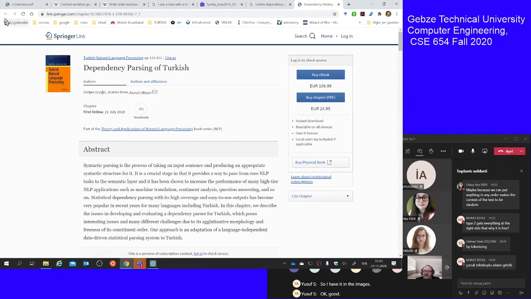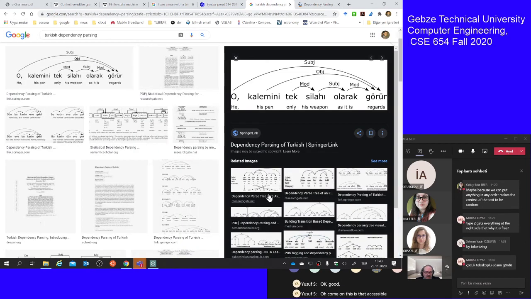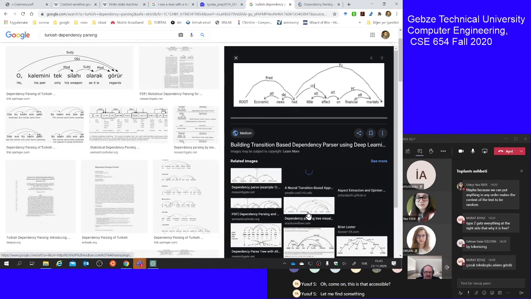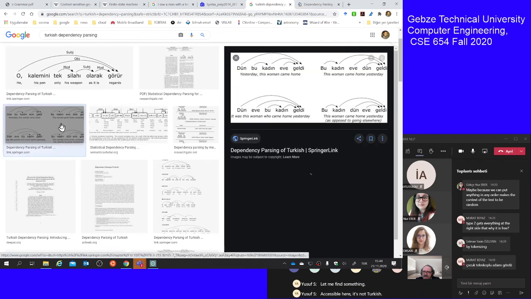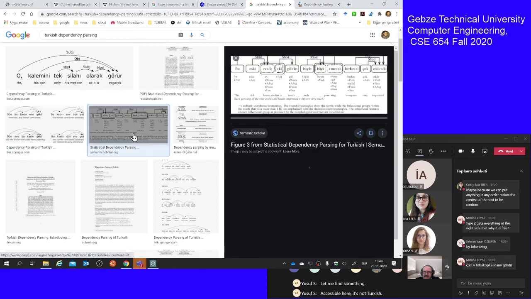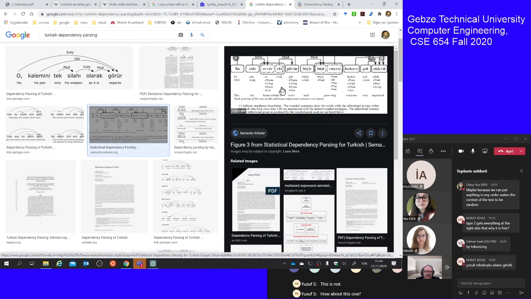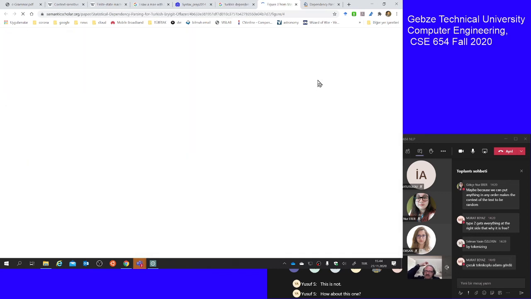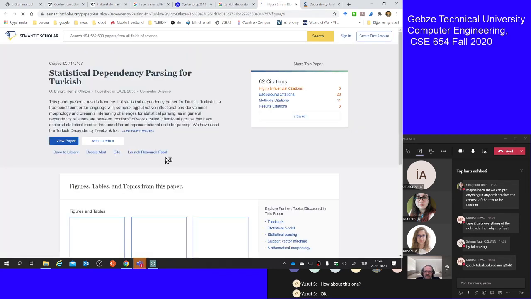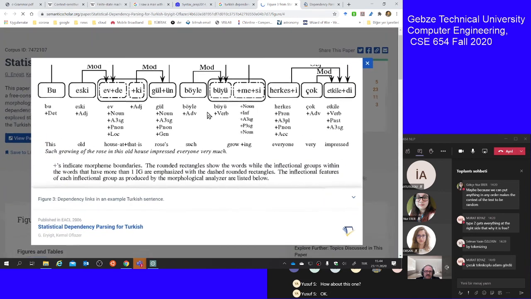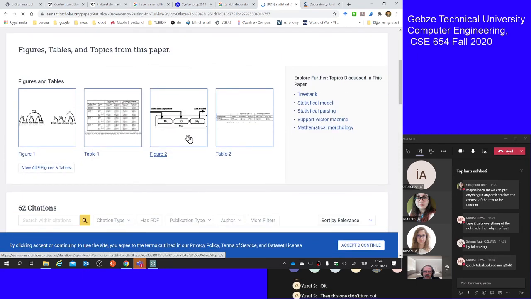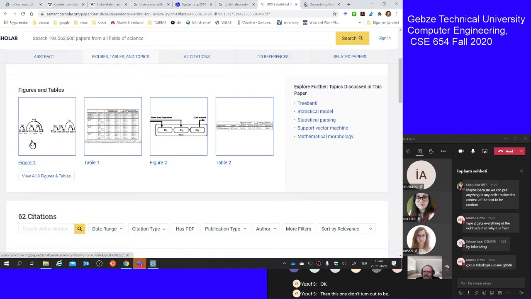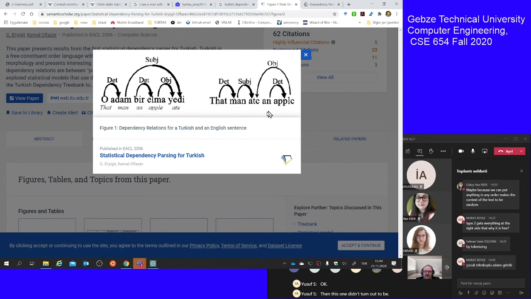Ah, come on, this is not accessible. Let me find something accessible here. This is not Turkish. How about this one? Okay. And this one didn't turn out to be either. Okay.